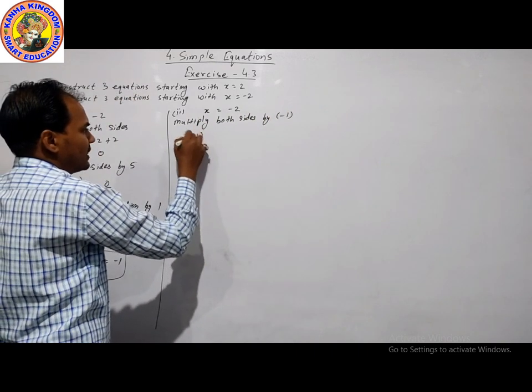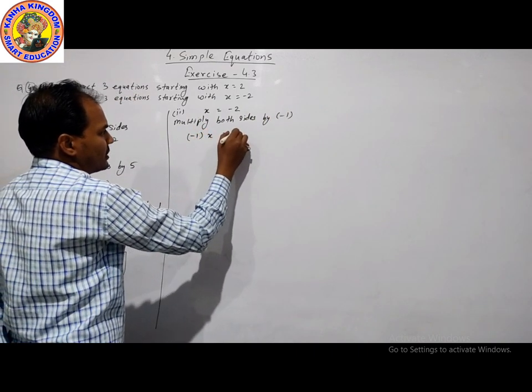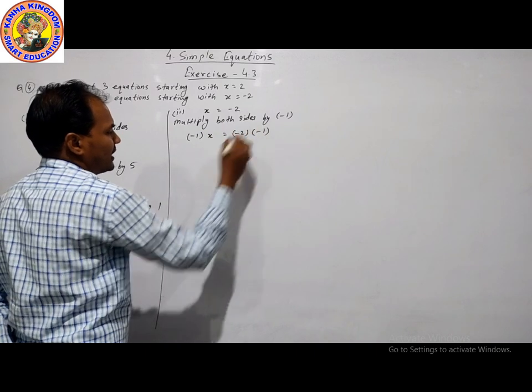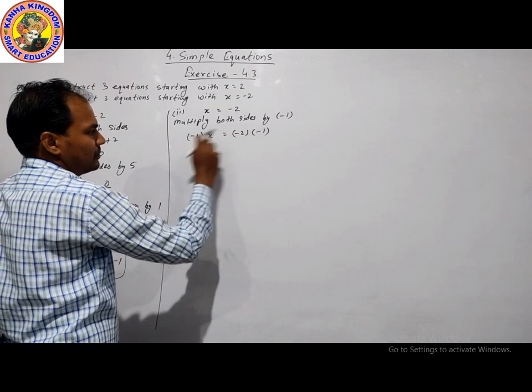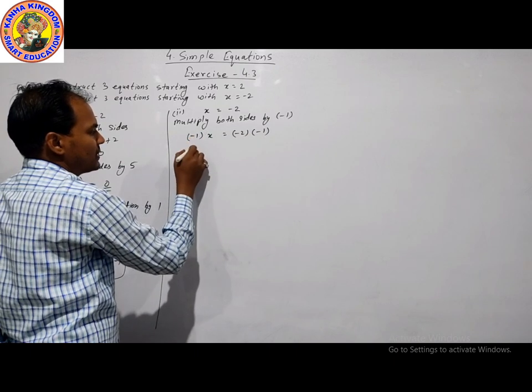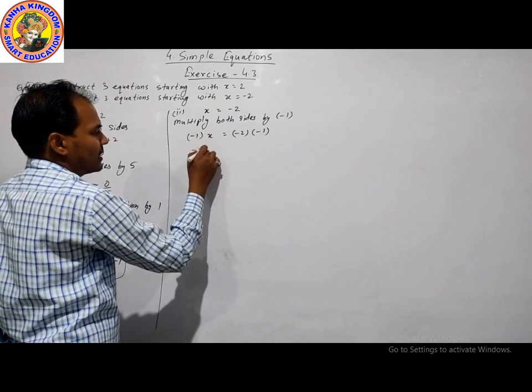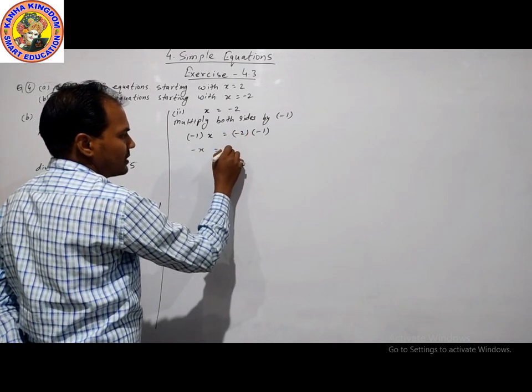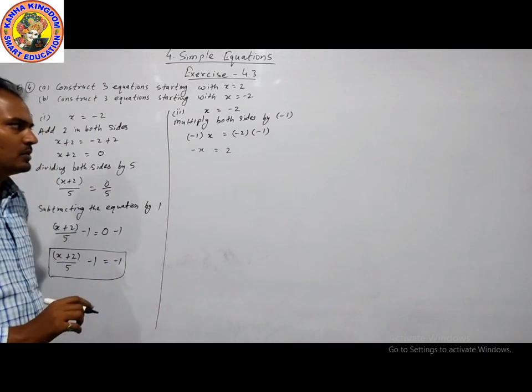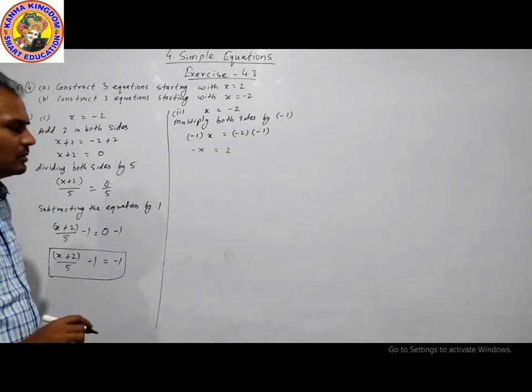So minus 1 multiply by x, minus 2 multiply by minus 1. x is equal to minus 2, x is equal to minus 2 multiply by minus 1. Minus into plus, minus 1 into x, minus x. Here is minus into minus, plus 2 into 1 is 2. So minus x is equal to 2.